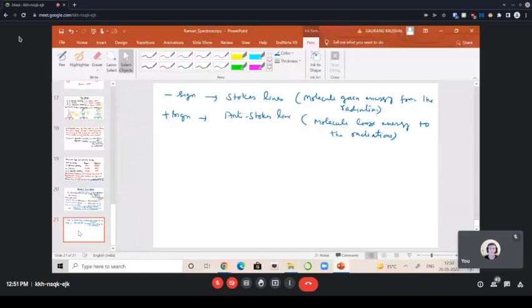And if you see a typical Raman spectrum from a Raman spectrometer, actual spectrum, how it will look from the spectrometer, if you draw it, it will be like this.